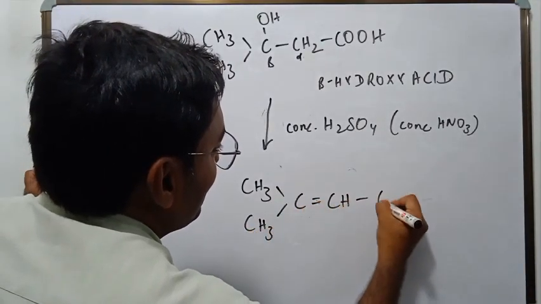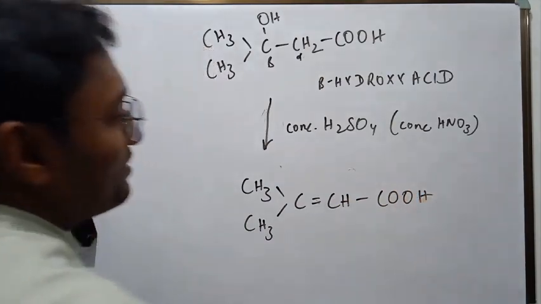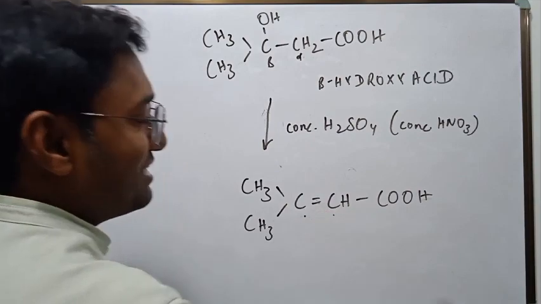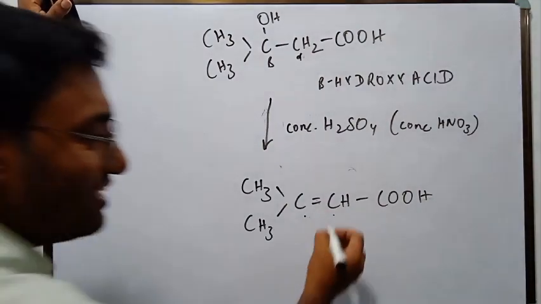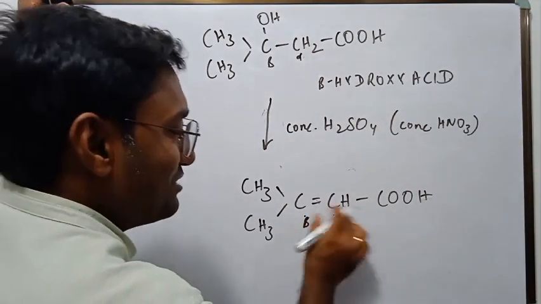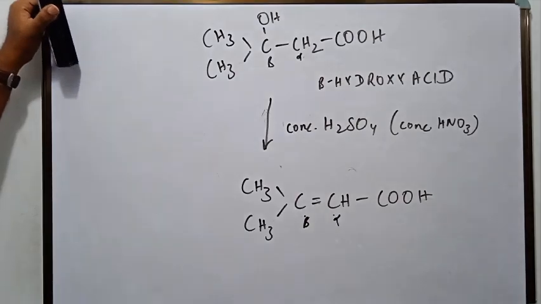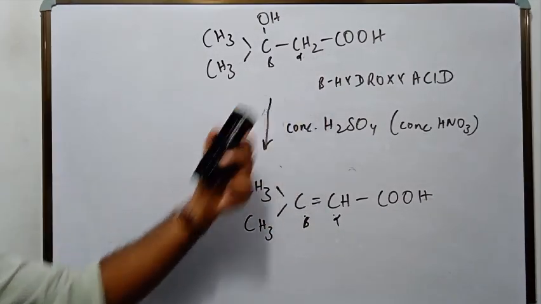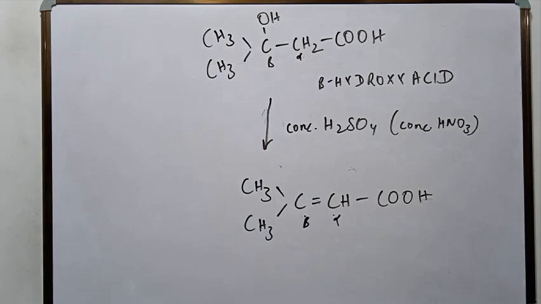What is this? Alpha beta unsaturated acid. So you can prepare alpha beta unsaturated acid and beta hydroxy acid indirectly using the Reformatsky reaction.